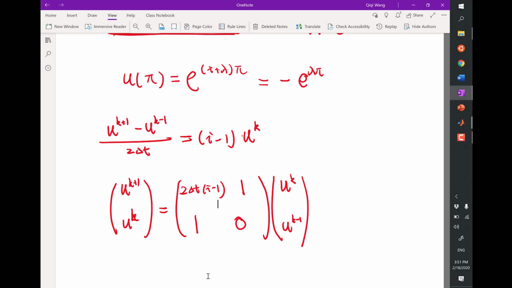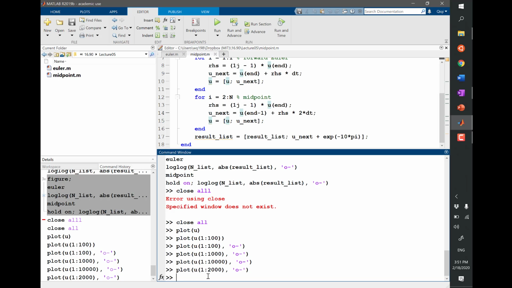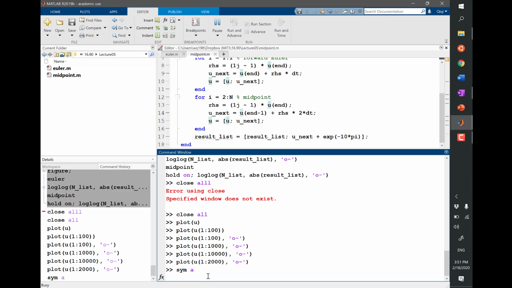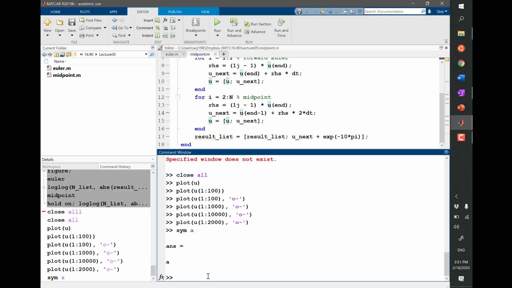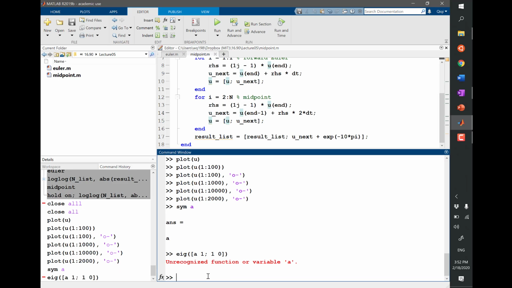Let me call this entire thing A. In MATLAB, I can define A as a symbol. I think MATLAB needs to invoke the symbolic math toolbox, and I can try to compute the eigenvalue of A, 1, 1, 0. Have you tried this kind of thing before? No? Okay.